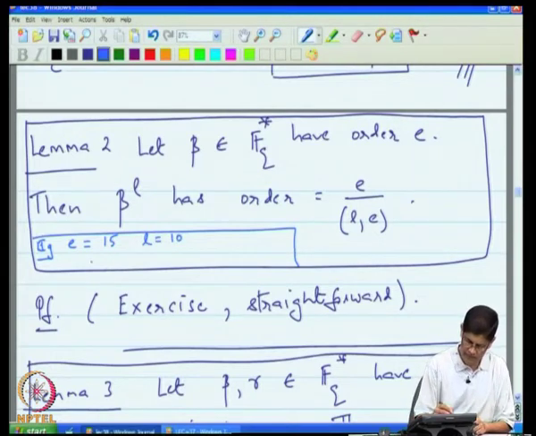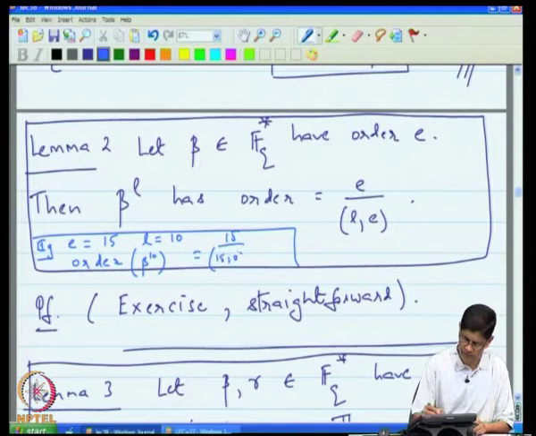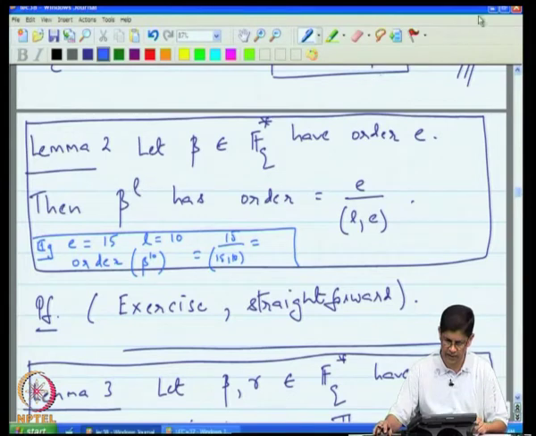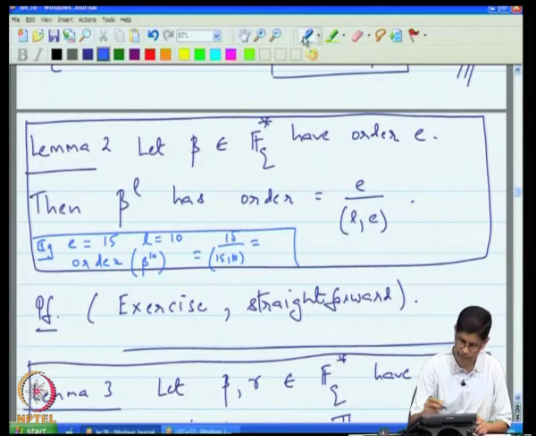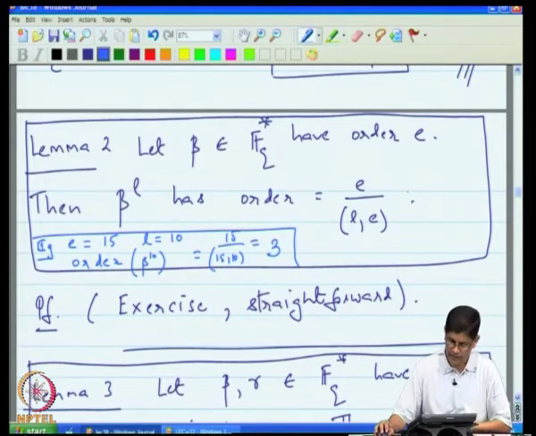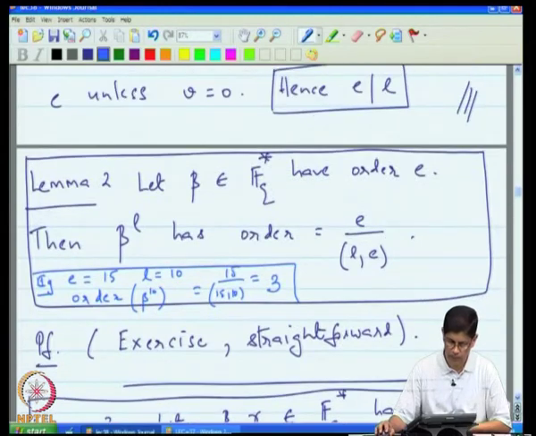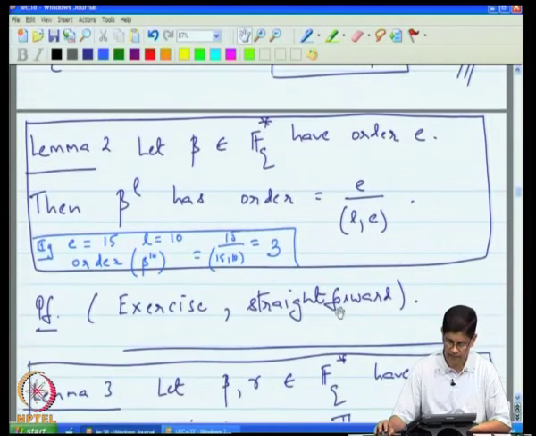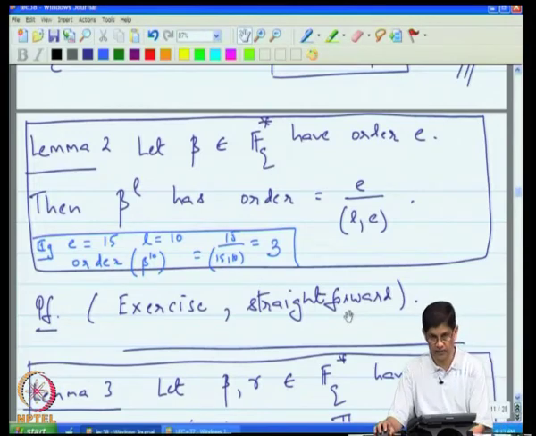Then what it is saying is that the order of beta to the 10 is 15 divided by the greatest common divisor of 15 and 10, which is 5. So this will end up being 3. All right, this was just to give you an example. I won't prove this, but have left this as an exercise for you, and the exercise is straightforward.